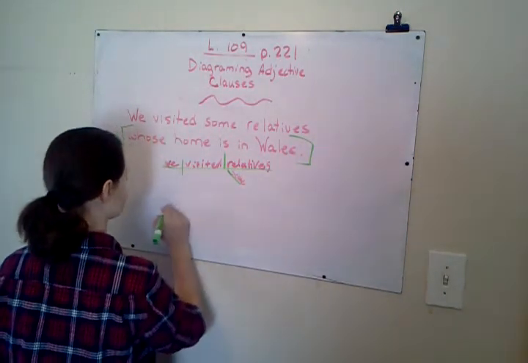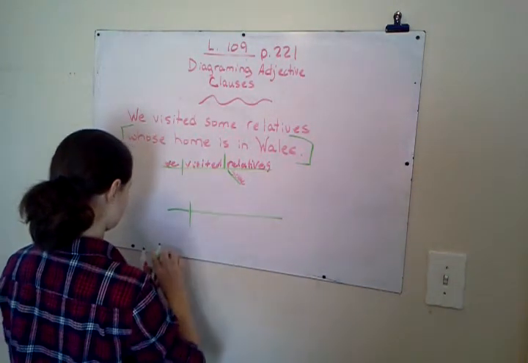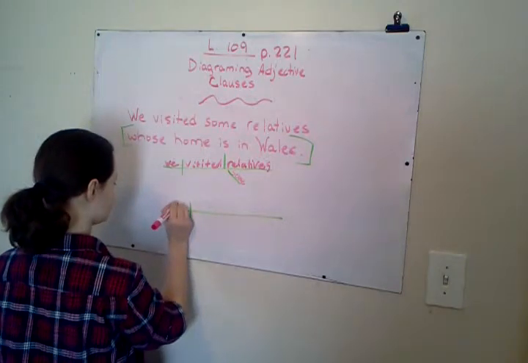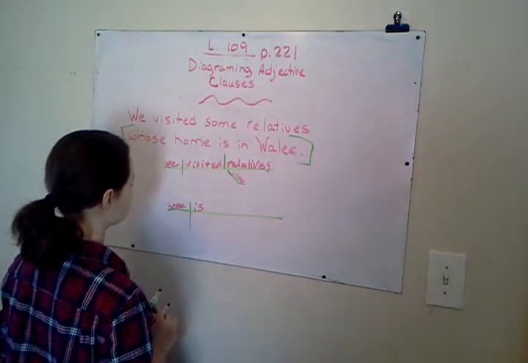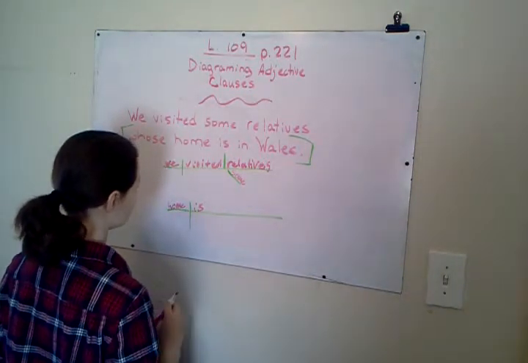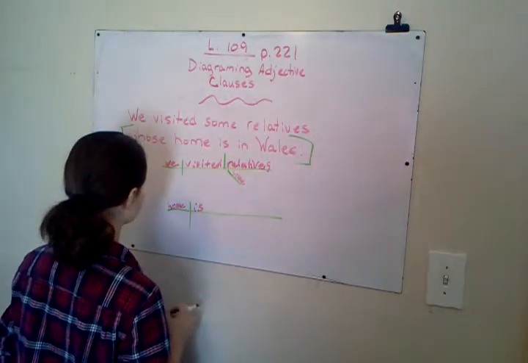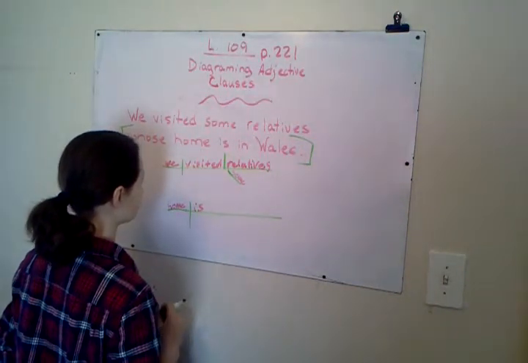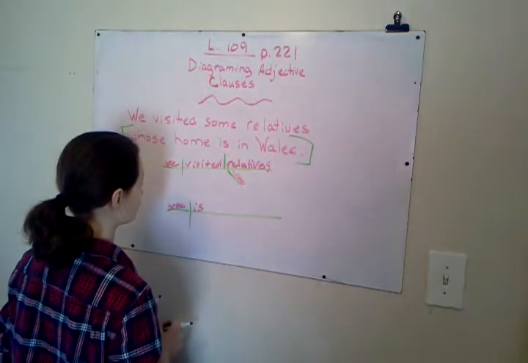Whose home is in Wales. The subject and verb of the clause would be home is. Home is the subject. Is the verb. Is a linking verb. So if we're going to have a complement, it's going to follow a backward tilted line. And it's going to be a predicate nominative or a predicate adjective. Let's find out if we have a complement. Home is who or what? No, we don't have anything.